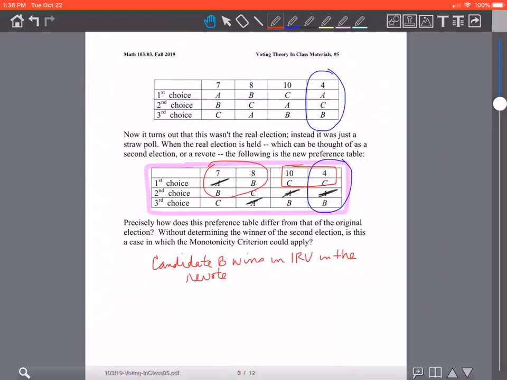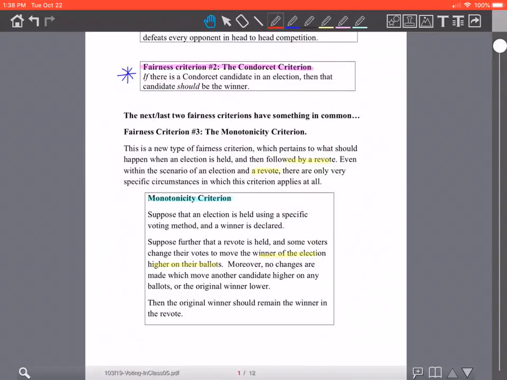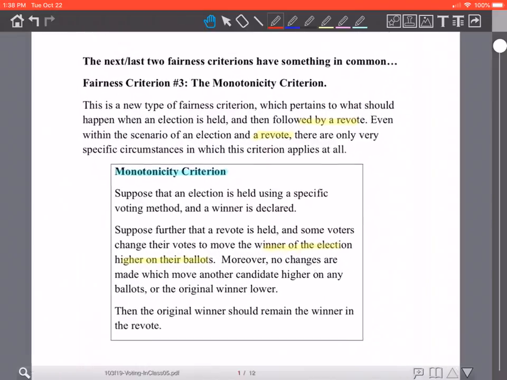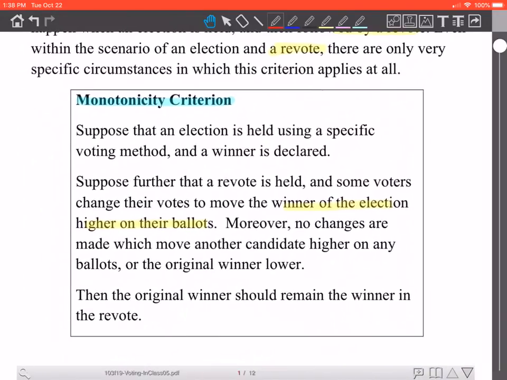Now, I'm going to zoom back to the monotonicity criterion for a second, because remember, the way that the monotonicity criterion is stated, there's a few things that need to happen. And so, an election needs to be held. I'm just going to number it. An election needs to be held where you declare a winner. Again, it could be under instant runoff, Borda count, method of pairwise comparisons, or plurality, any of those 4. Second thing that needs to happen is that a revote is held. So unless there's a revote, you can't even check to see if there's a violation of this criterion.